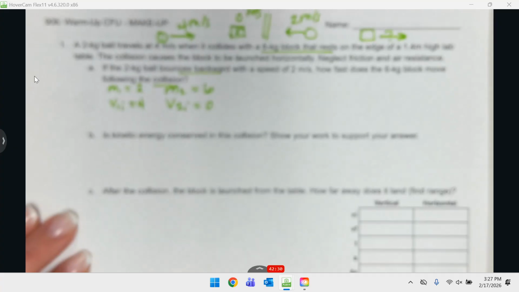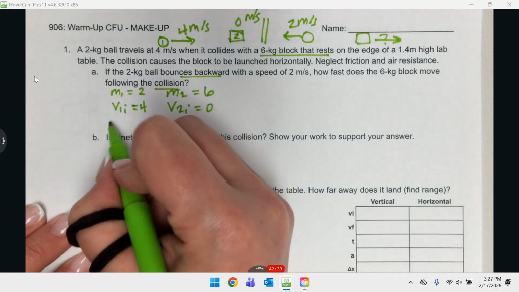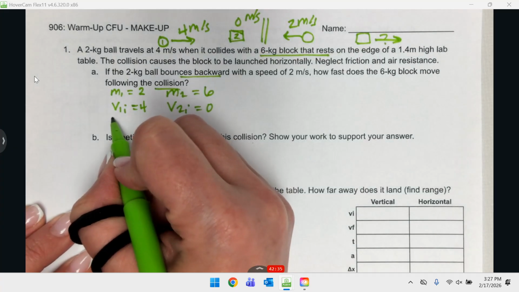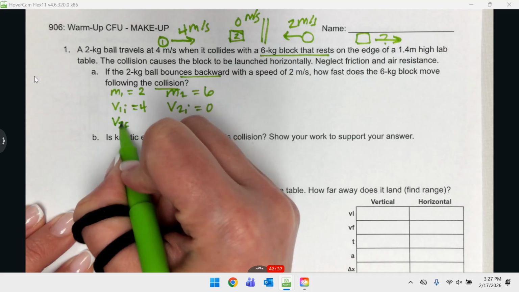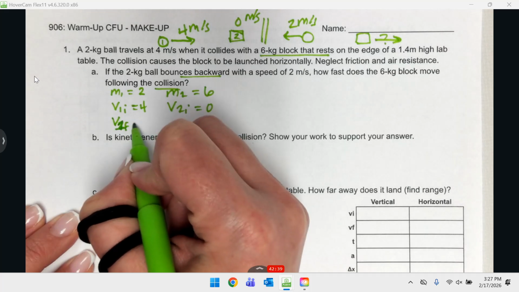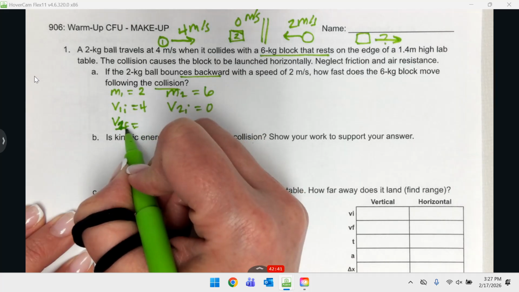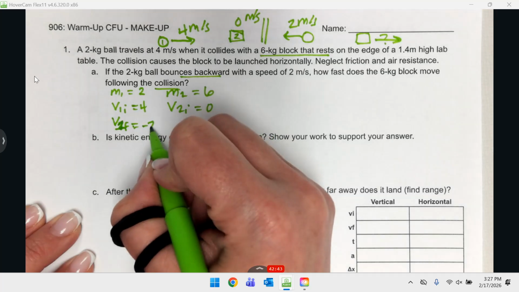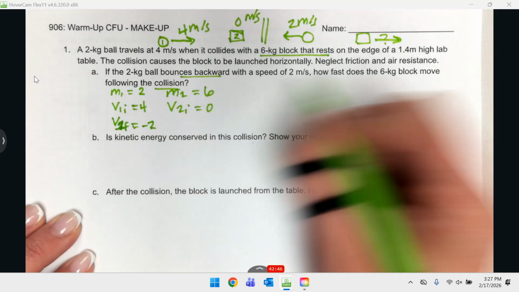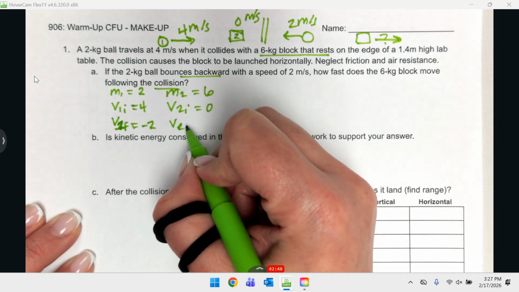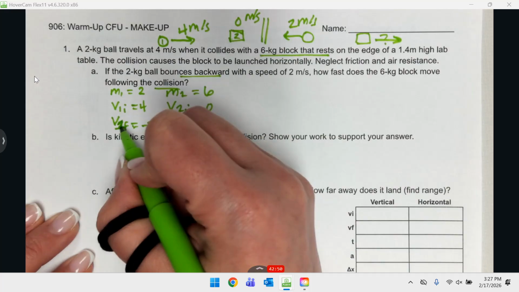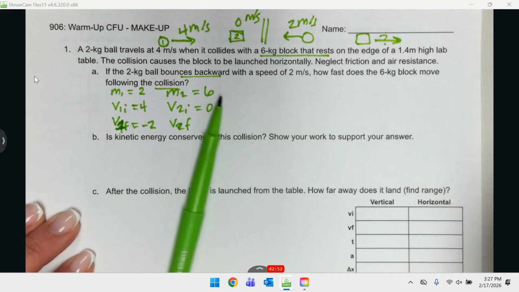And then after the collision happens, V1 final, sorry about that, is -2, and we're looking for V2 final.